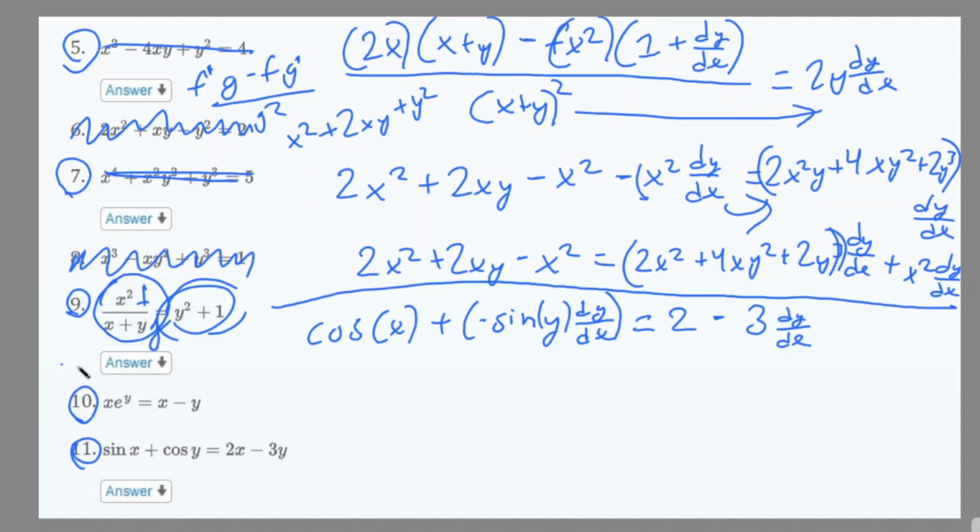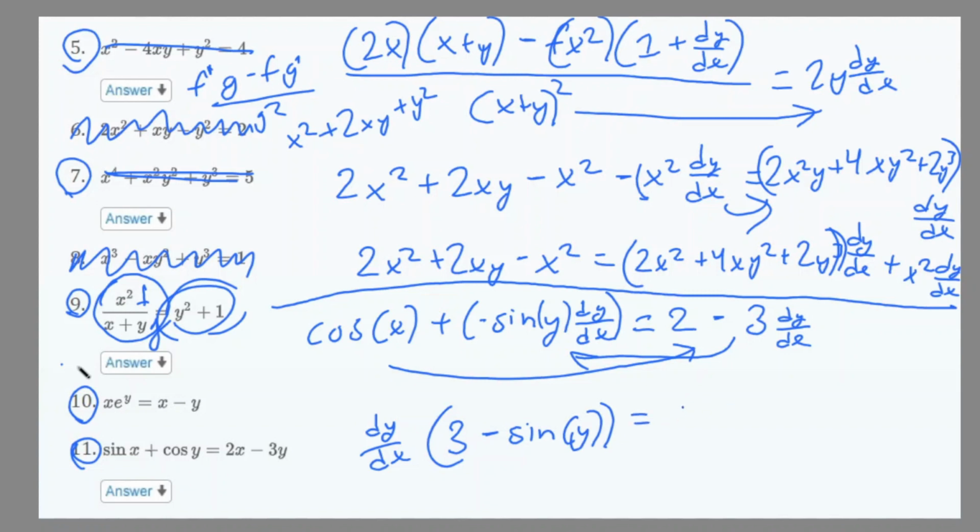So now we want to get all of them on one side. Let's bring negative 3 dy/dx to the left side and cosine x to the right side. If we do that, we're going to have dy/dx. I always like to factor out dy/dx because it makes everything look so much better. There are 3 minus sine y.